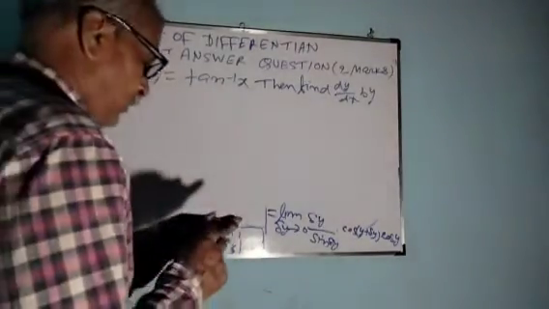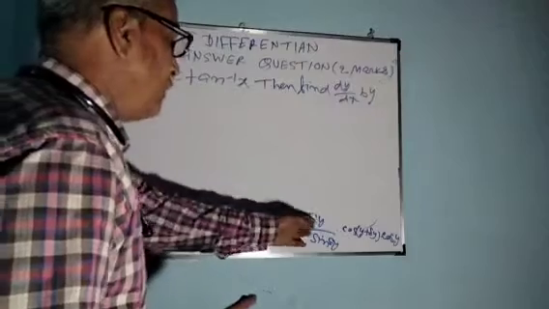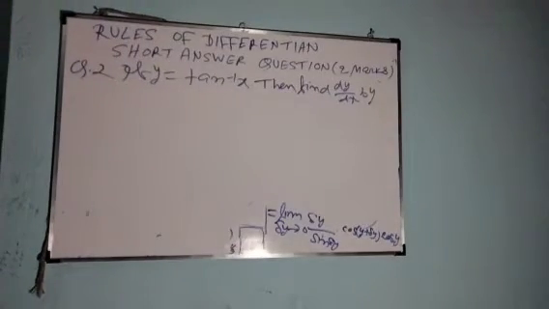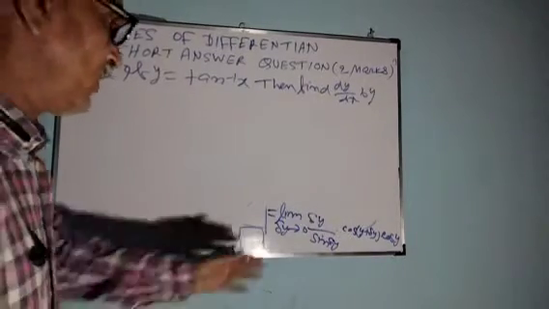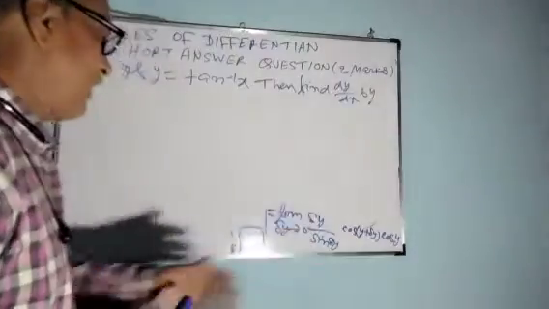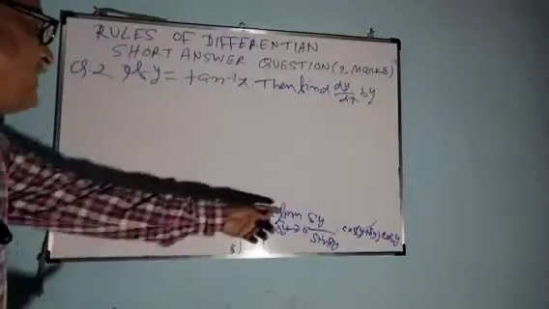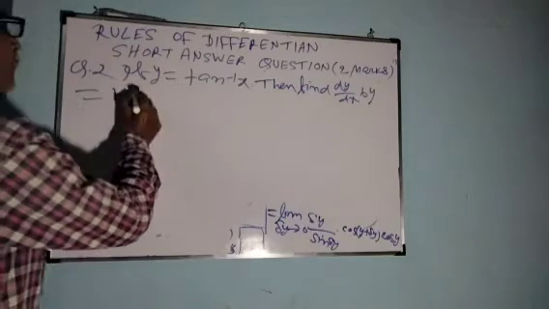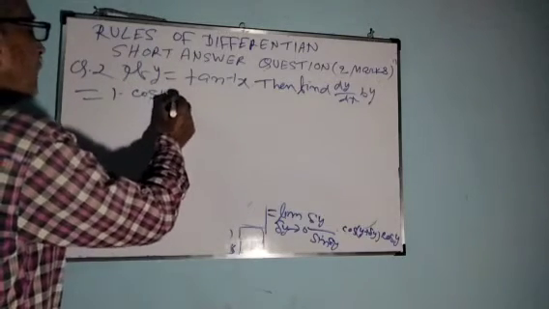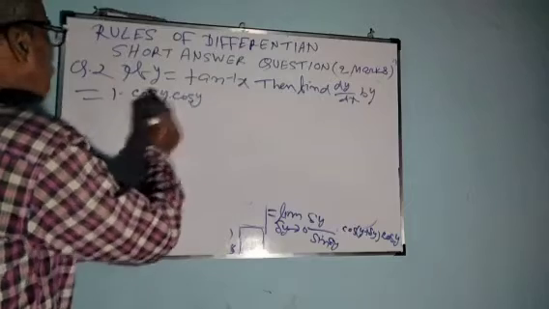Now we use the limit formula for trigonometric functions to obtain the limiting value. Here we use that formula, and the next step will be: this is equal to 1 into cos y into cos y.